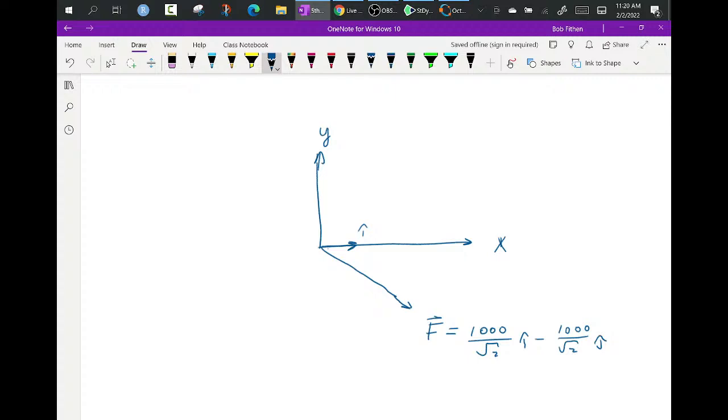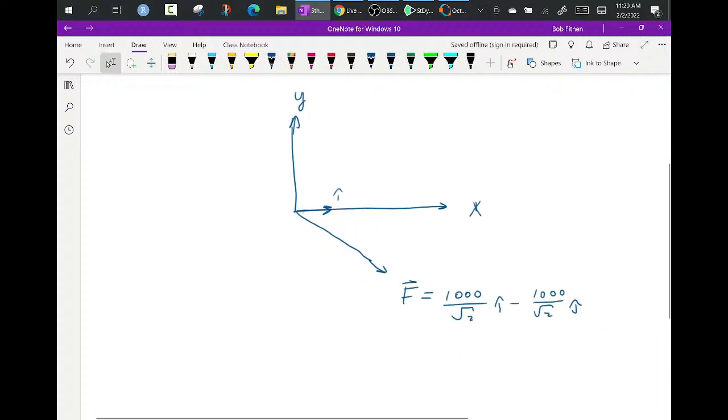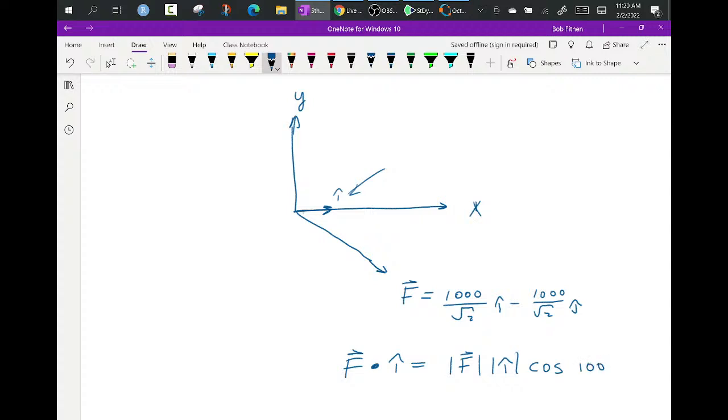Now somebody says, I want to know the force in that direction. This seems stupid, but if you do F dotted with I, what you're doing is taking the magnitude of F, the magnitude of I, times the cosine of the angle between them. Wait a minute.